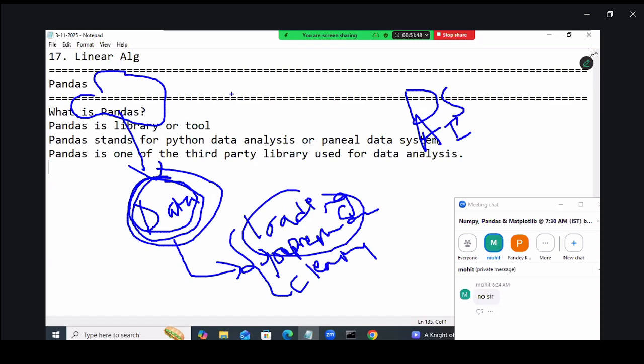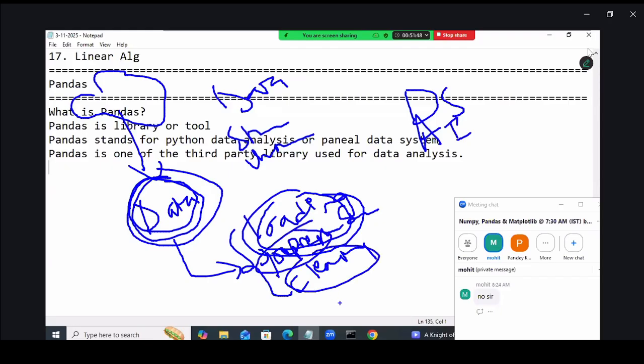The data can be structured or unstructured. So you load the data, then you prepare it. Data cleaning means identifying and removing missing values. All this is done by a data analyst or business analyst before analysis.